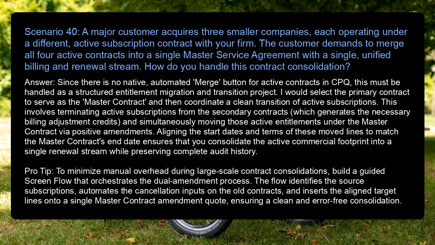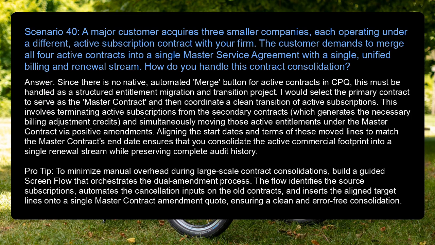Answer: since there is no native automated merge button for active contracts in CPQ, this must be handled as a structured entitlement migration and transition project. I would select the primary contract to serve as the master contract and then coordinate a clean transition of active subscriptions.